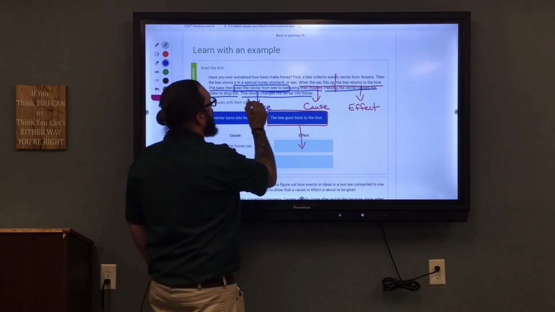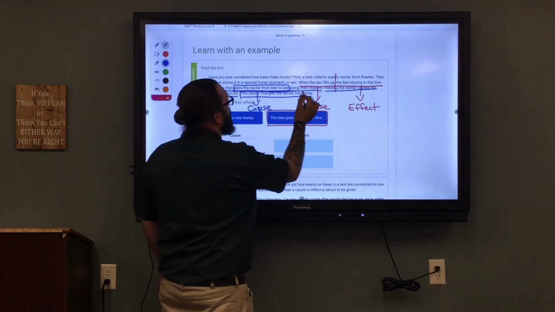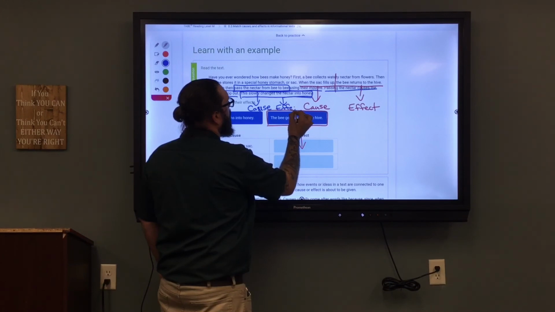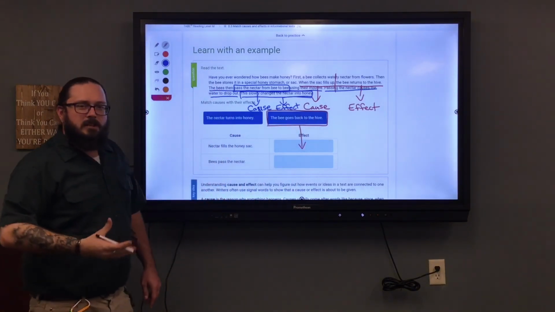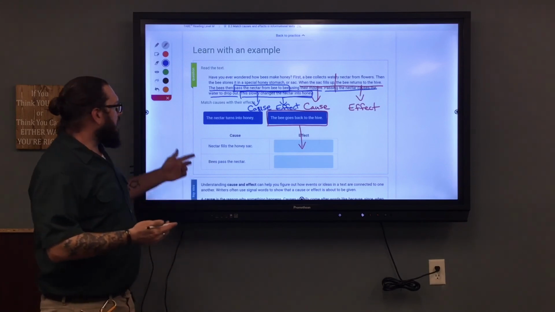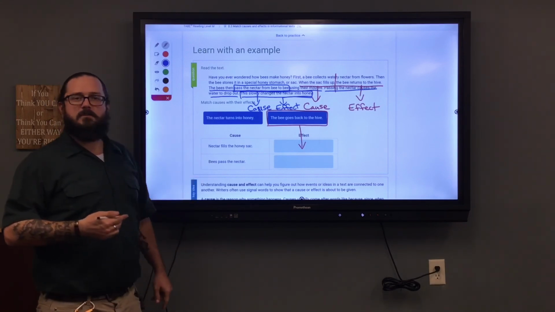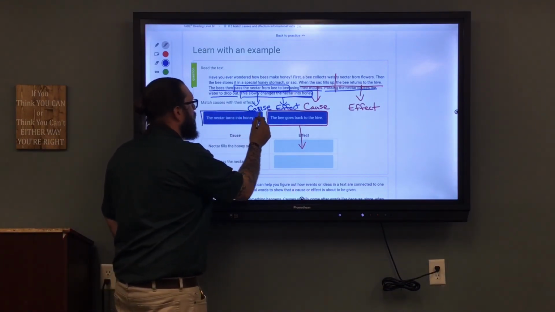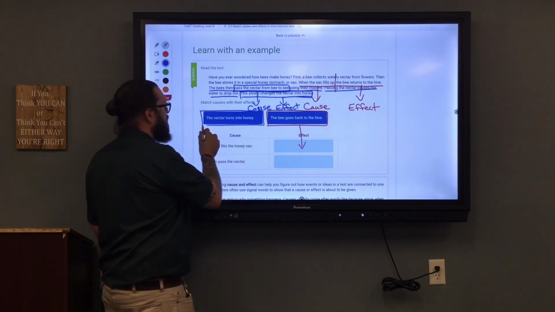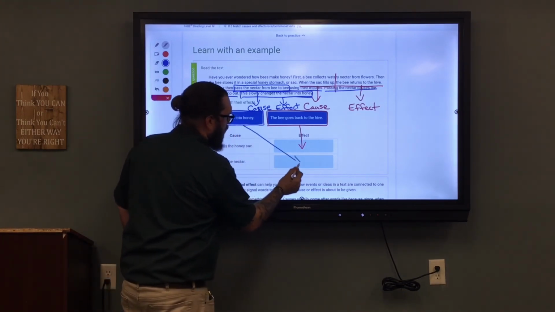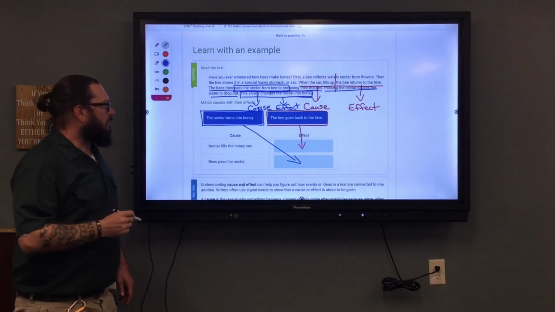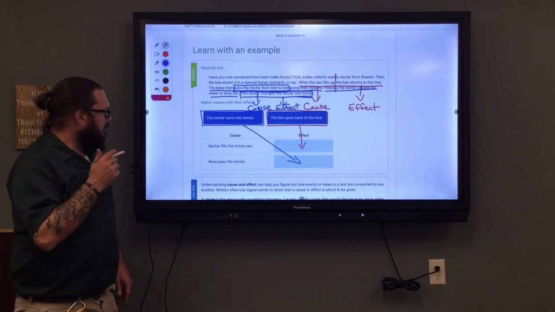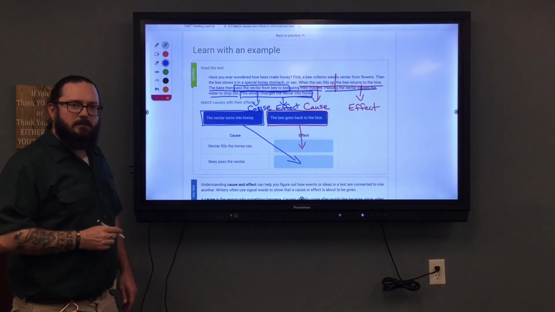The effect is it slowly changes the nectar to honey. So obviously, through process of elimination, we already know that bees pass the nectar, nectar turns into honey, is the cause-effect relationship. But, again, we need to practice identifying those details in the passage. Therefore, our effect of the nectar turning to honey is because the bees pass the nectar.